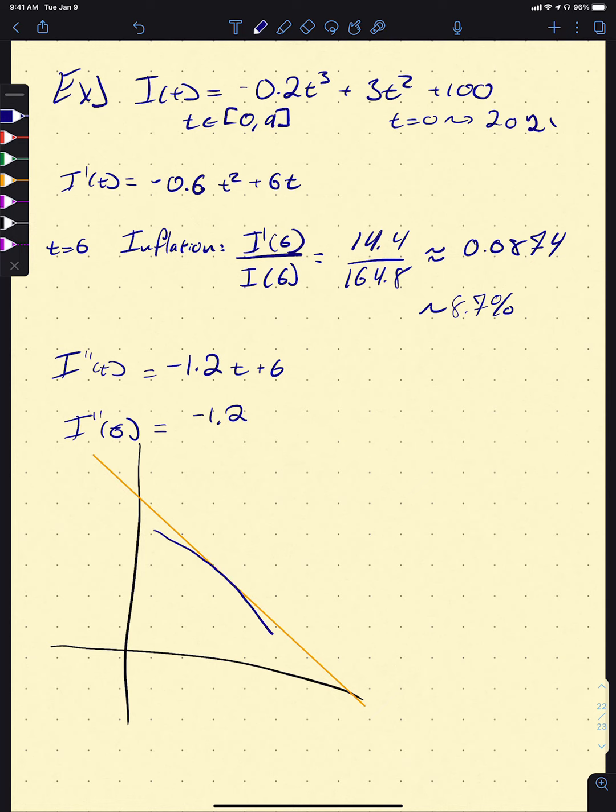And again, that's something we will explore in great detail in the coming weeks. But this tells us that inflation is at 8.7%, and since this is decreasing, inflation is also going to moderate and decrease over time.